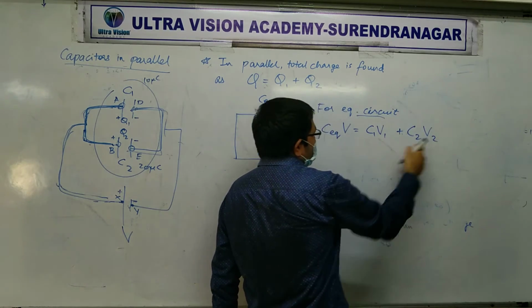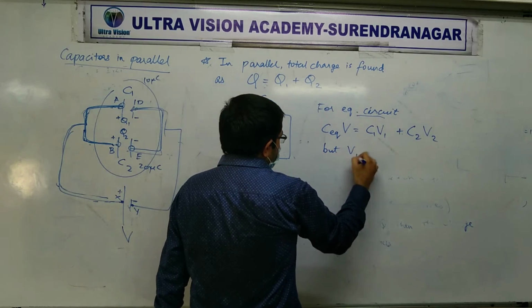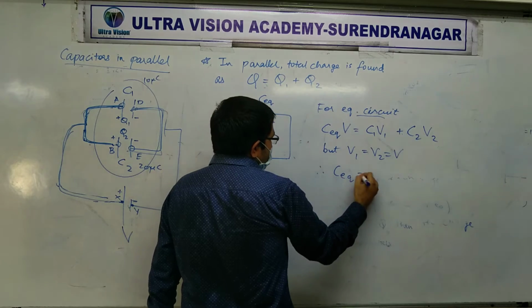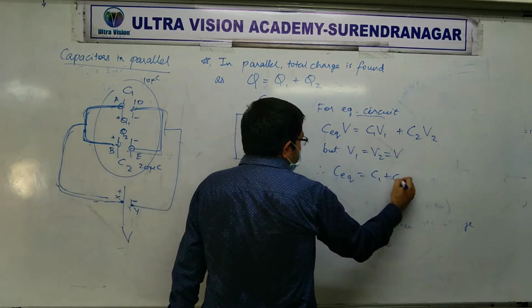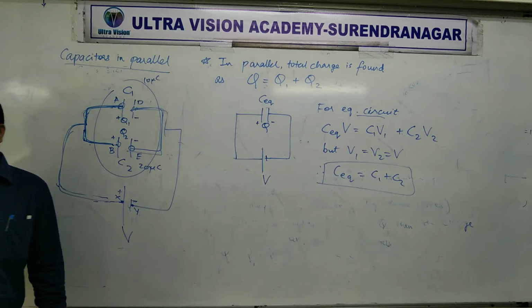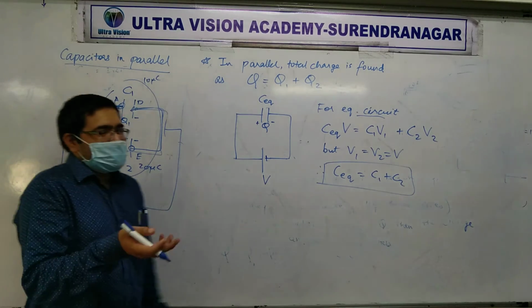But what is V1 and what is V2? Same as V. So V1 is equal to V2 is equal to V. Therefore, C equivalent is equal to C1 plus C2. So easy. If there are more, keep adding. Understood?